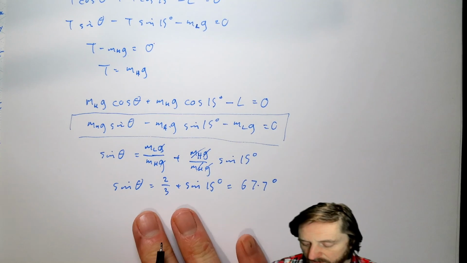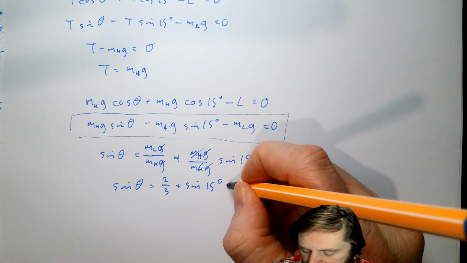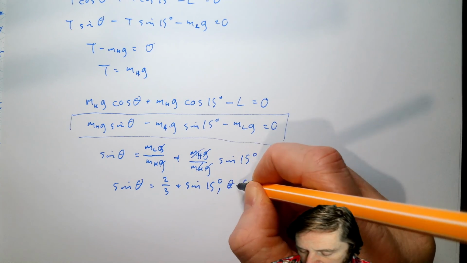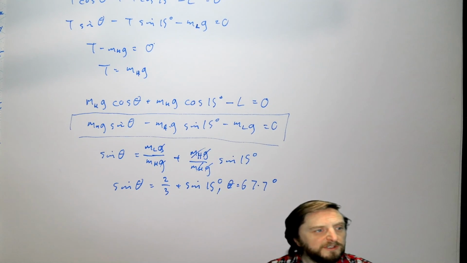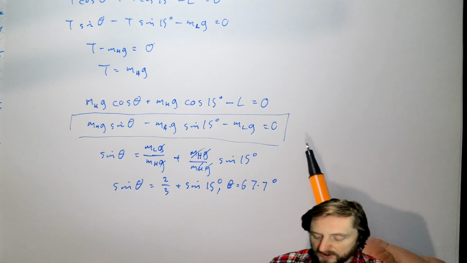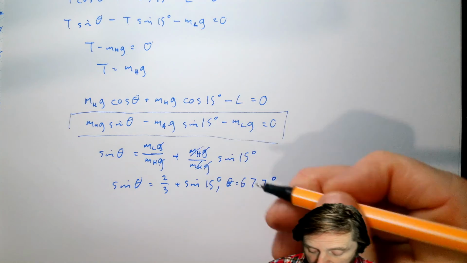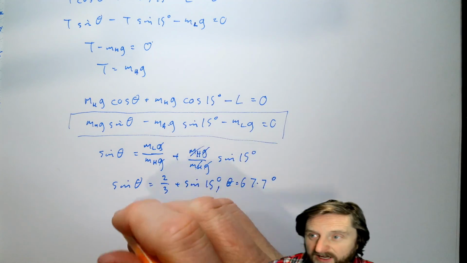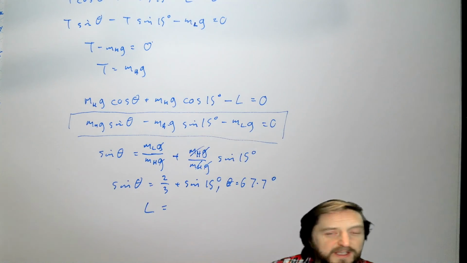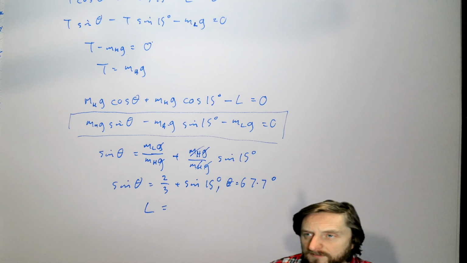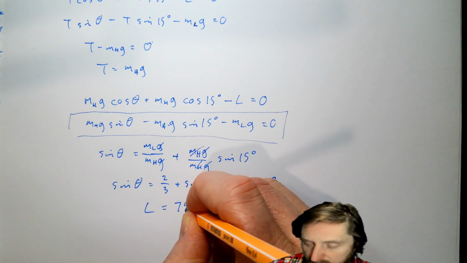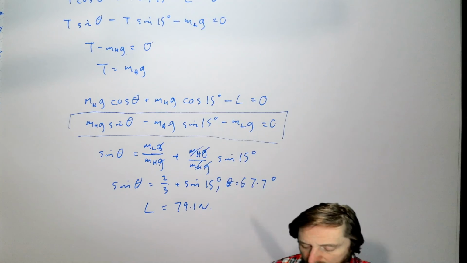So theta equals 67.7 degrees. Okay, so we can put that back into this equation. We're going to rearrange it, and what you should find is L equals 79.1 newtons.